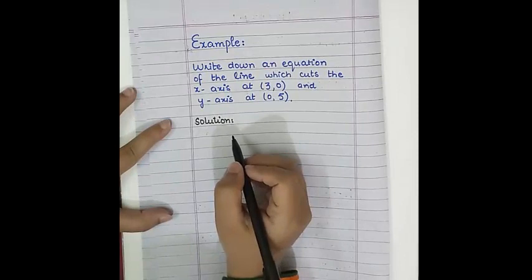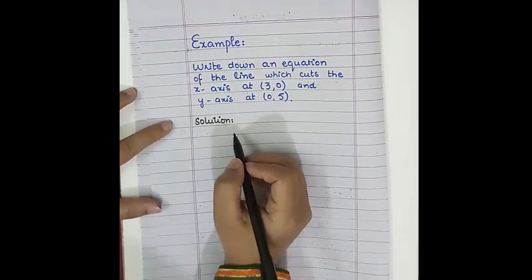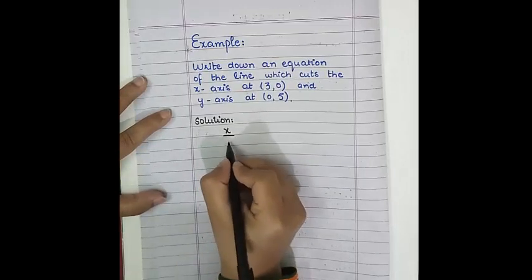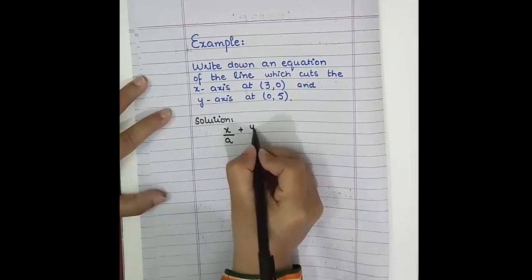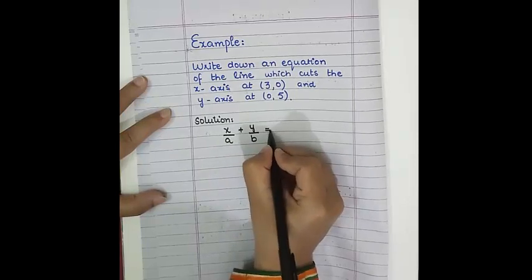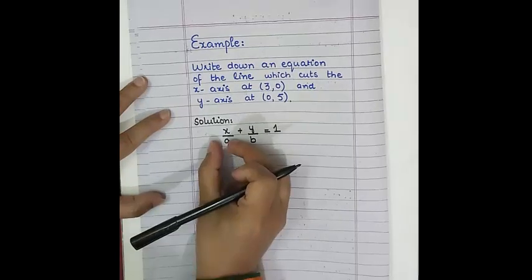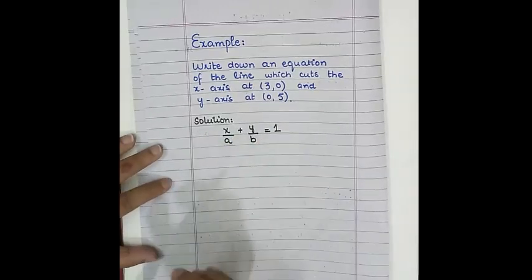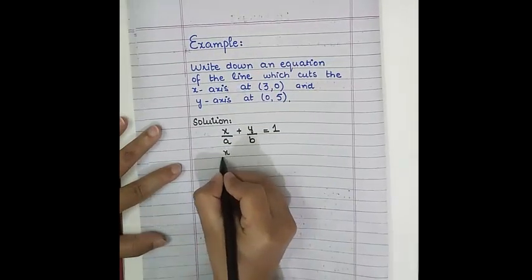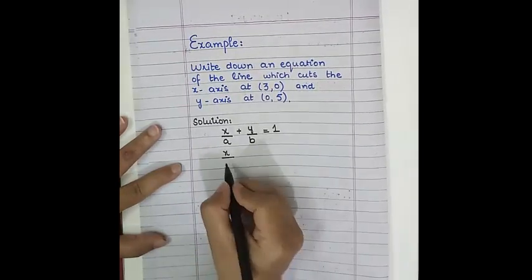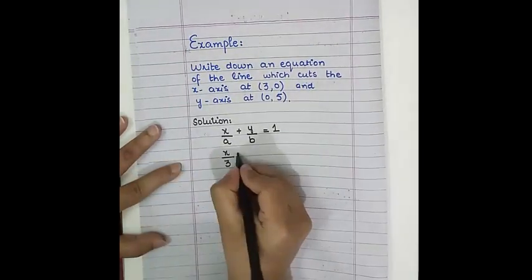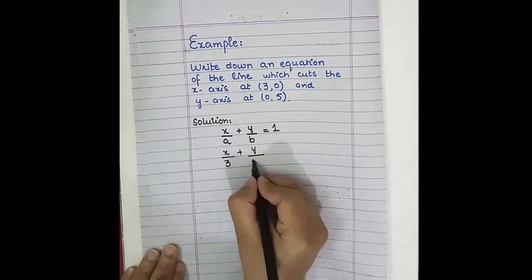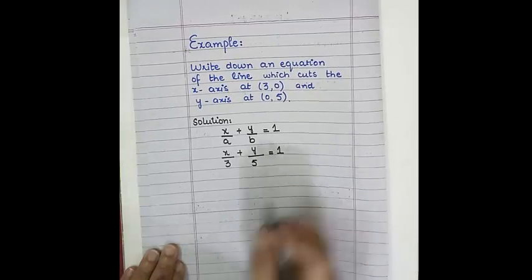As we know, the equation of a straight line in intercept form is x over a plus y over b is equal to 1, where a represents the x-intercept and b represents the y-intercept. So x over the value of x-intercept, 3, plus y over the value of y-intercept, 5, is equal to 1.